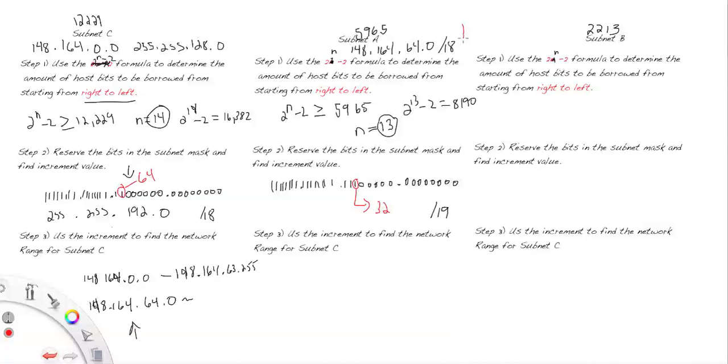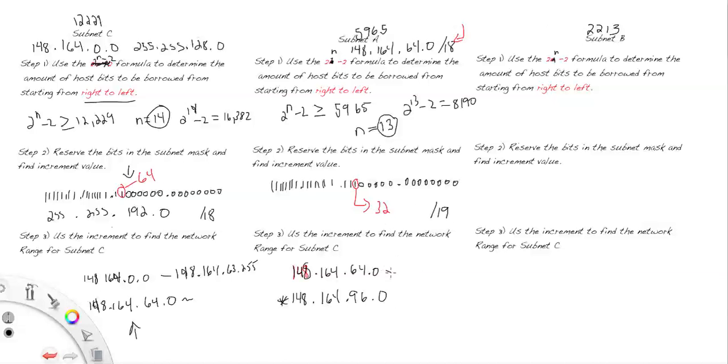So starting with this address block here, this range here, 148.164.64.0, and we're on this third octet, so we're going to increment by 32. 148.164.96.0, and remember, we're going to keep this guy around because we're going to need that for our next subnet there.